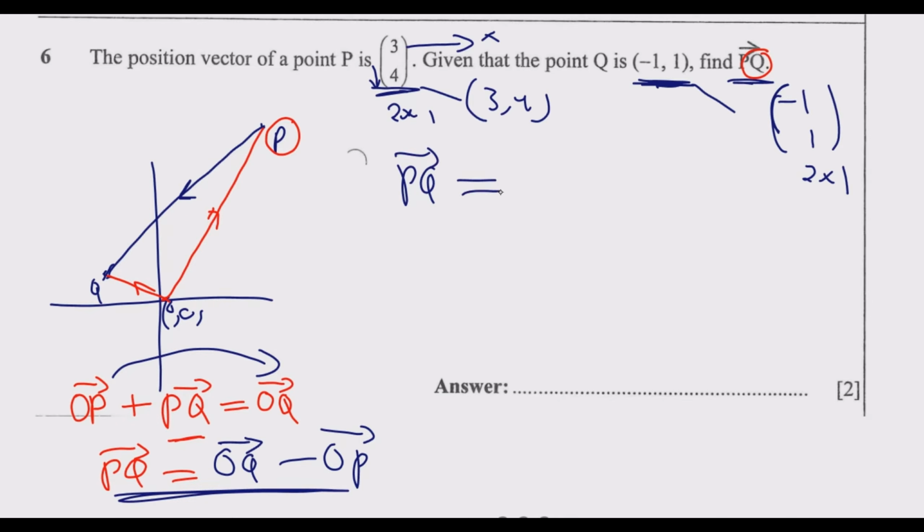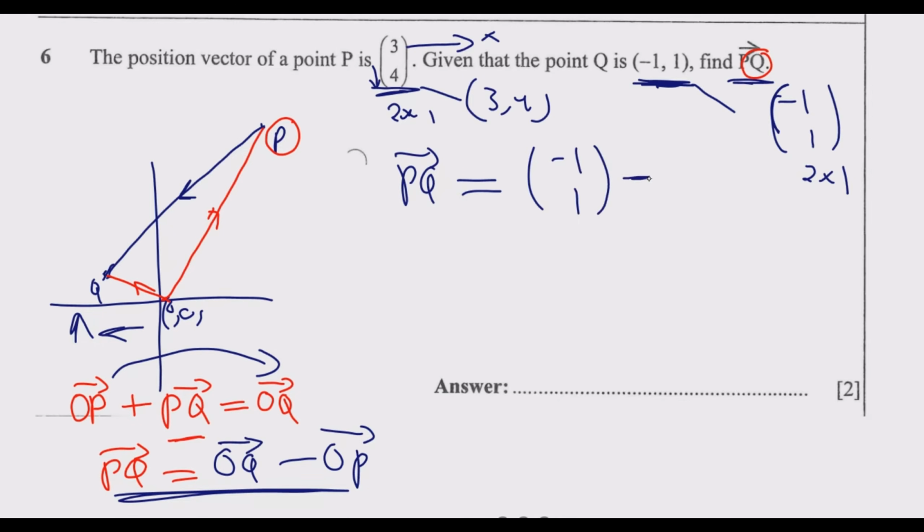It's now equal to OQ. What is OQ? We need to move in the negative direction 1 step, then 1 step upward. So it will be (-1, 1), which is OQ.